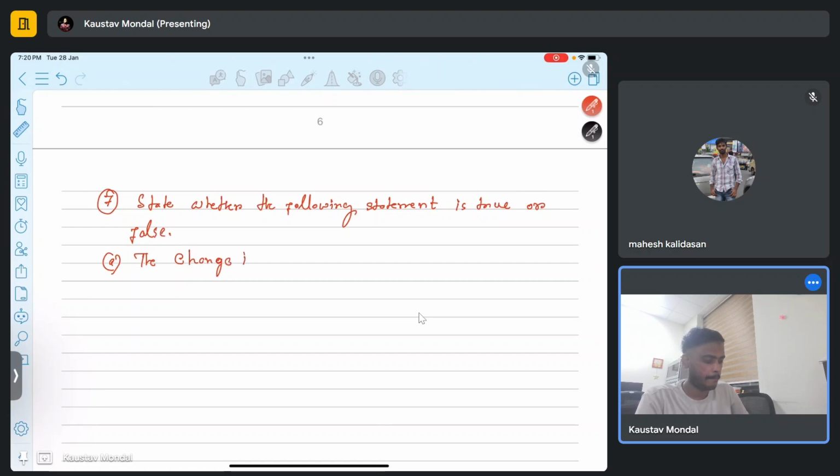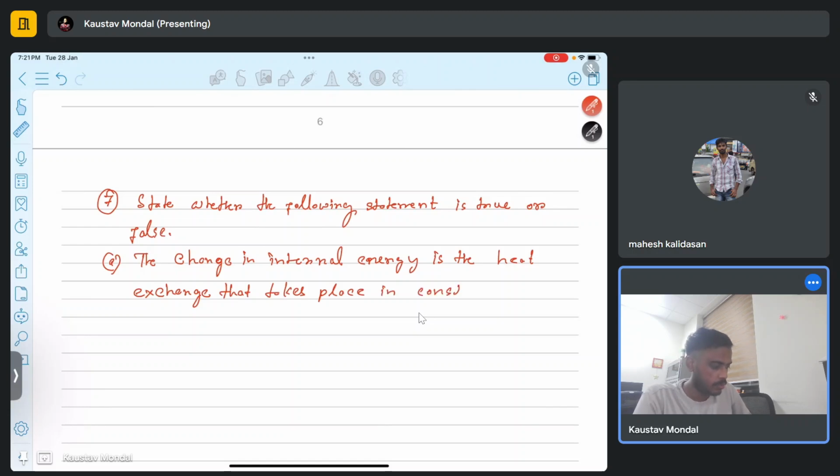The change in internal energy is the heat exchange that takes place in constant volume.